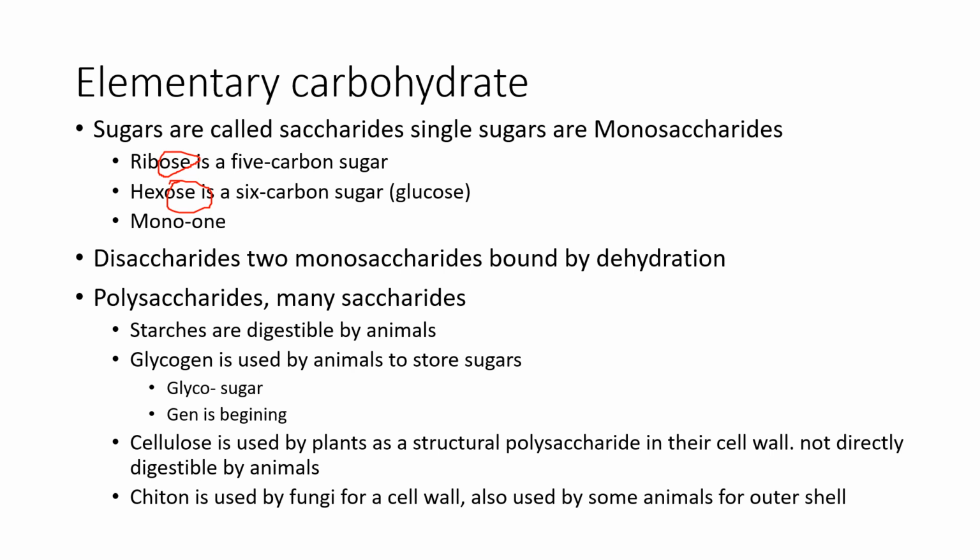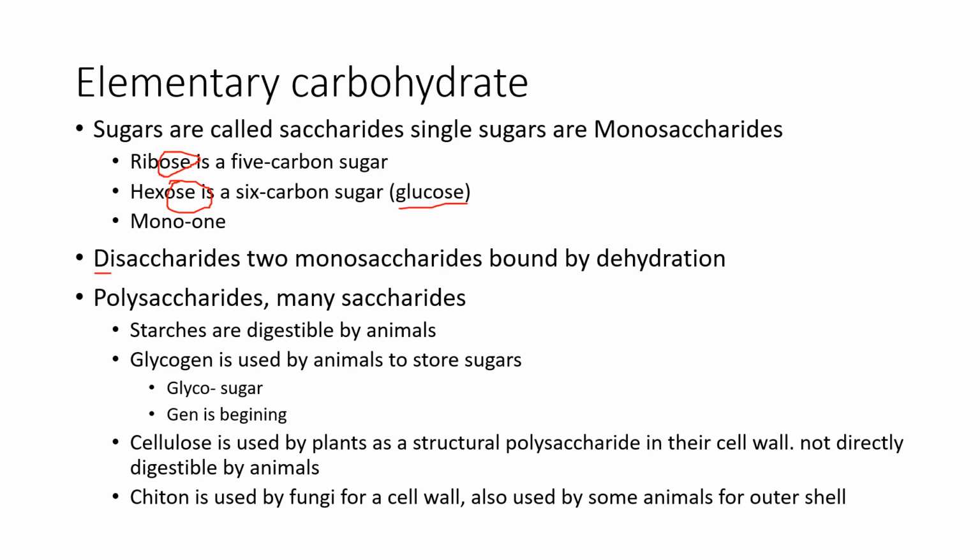That tells you it's a sugar. Now ribose is a 5-carbon sugar, which we'll talk about a bit later, and a hexose is a 6-carbon sugar. The main one that we talk about in biology is glucose, but you have a lot of them. So remember, a monosaccharide will be one saccharide, one sugar molecule, that's it. It can be a ribose or a hexose.